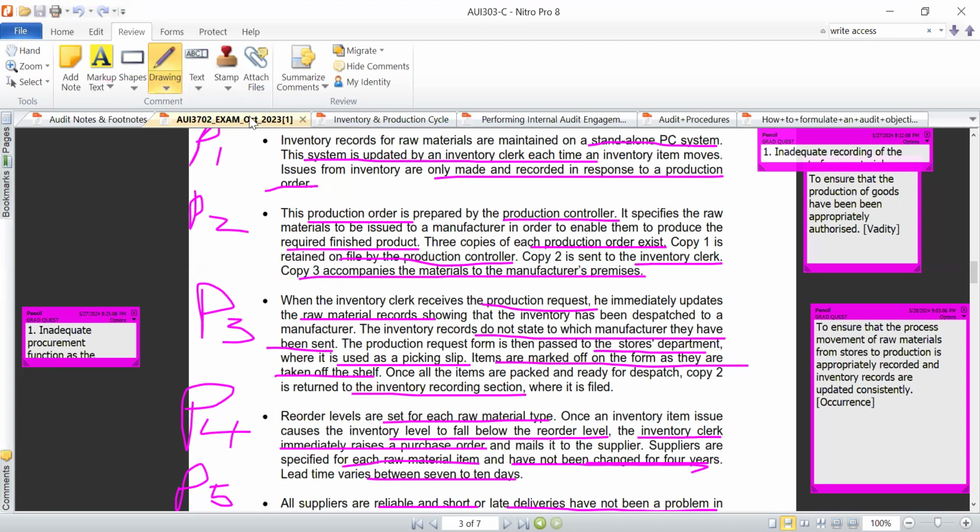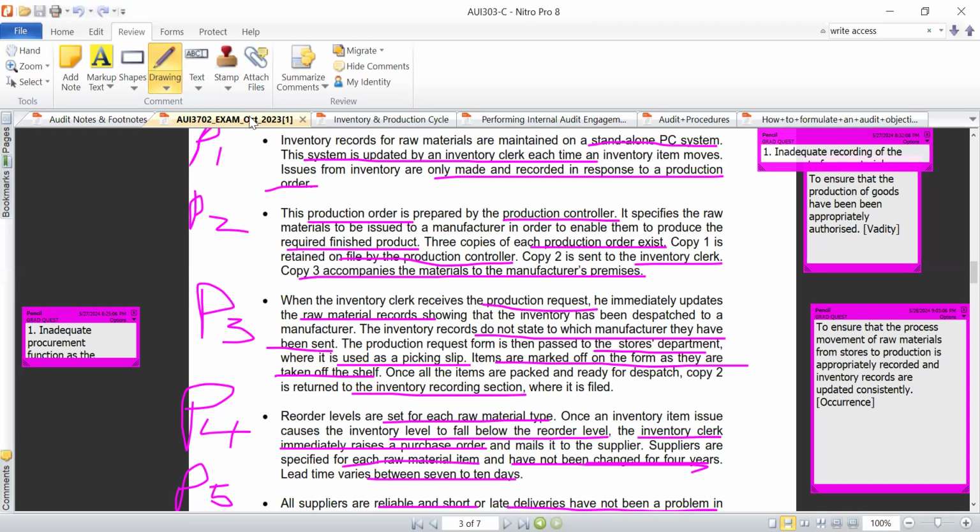Do we all understand what assertions are? Okay, silence, I would presume everybody knows what assertions are. So we should be good. Assertions are those four that you mentioned there: validity, completeness, evaluation, and cutoff.